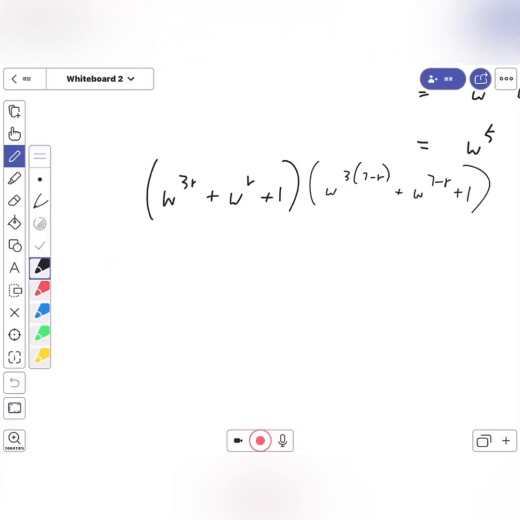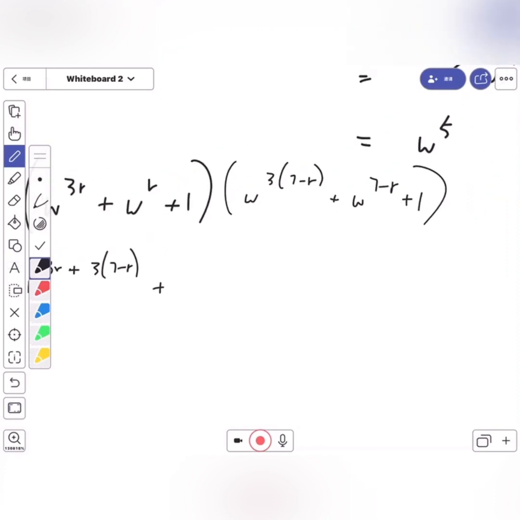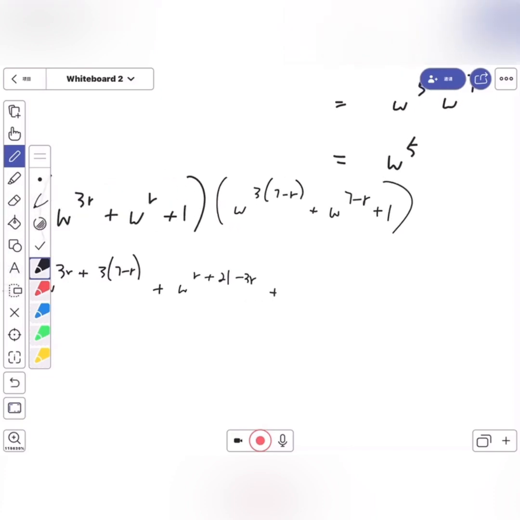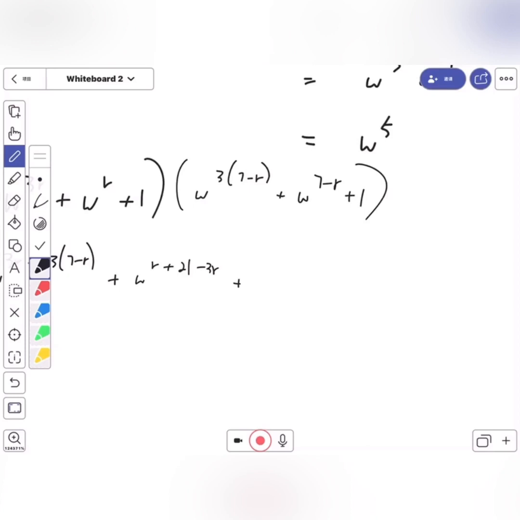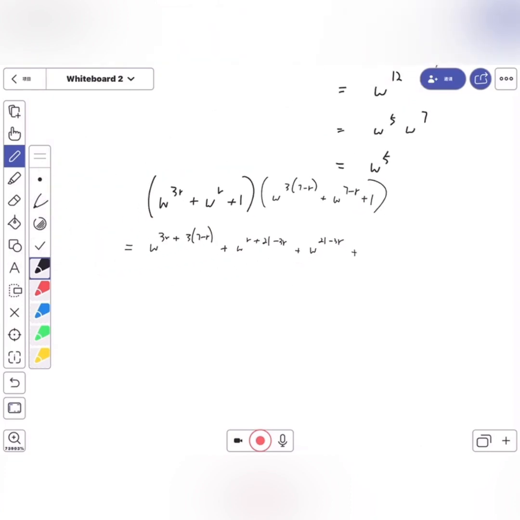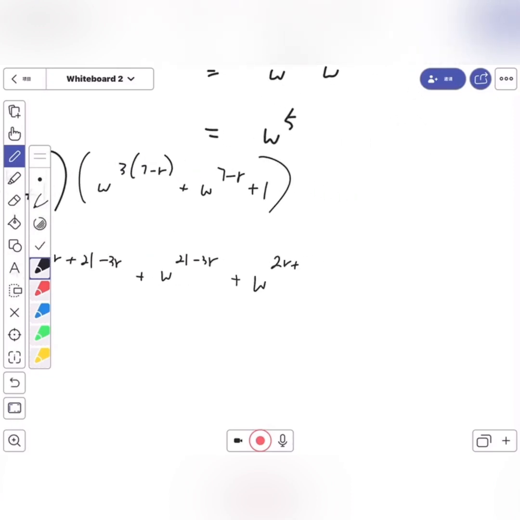What's going to happen? Make sure to not mess up the calculation here: omega to the 3r plus 3 times 7 minus r, plus omega to the r plus 21 minus 3r. I'm just going to write it as 21 minus 3r. Then plus omega to the 21 minus 3r. And then we plus omega to the 2r plus 7.